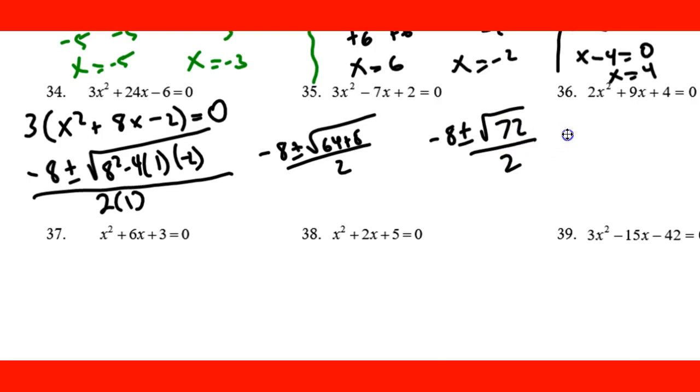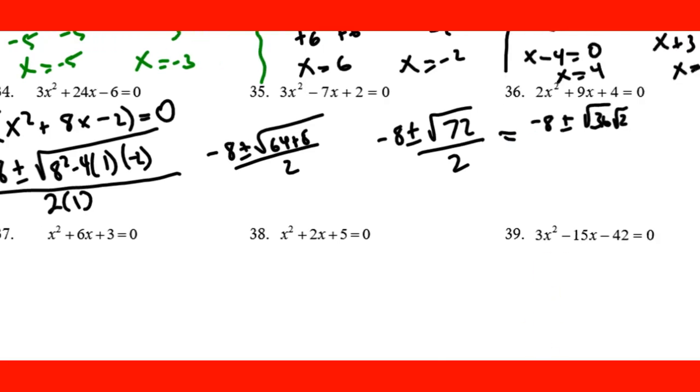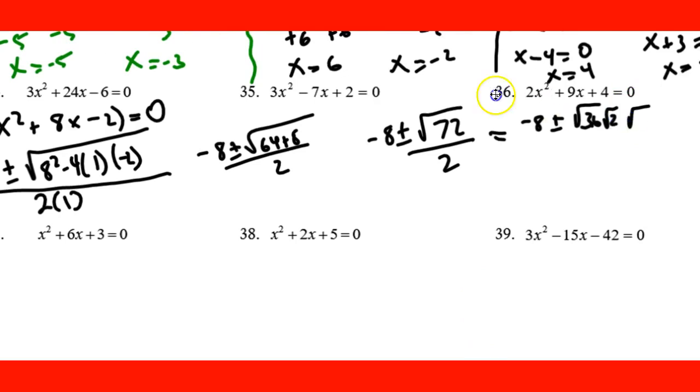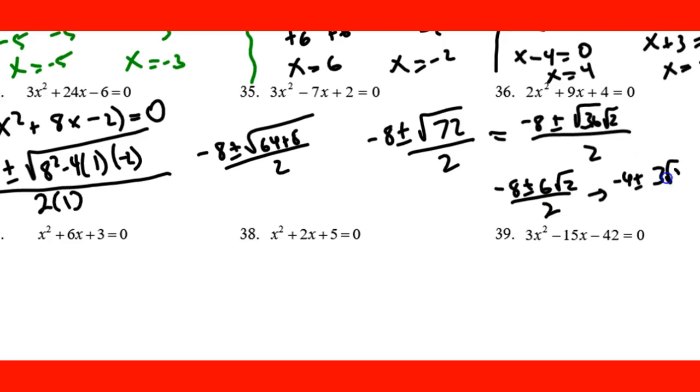That's 36 times 2, all over 2. The square root of 36 is 6, so you have negative 8 plus or minus 6 radical 2 all over 2. Everything is divisible by 2 outside of the radical, so when you simplify you get negative 4 plus or minus 3 radical 2.